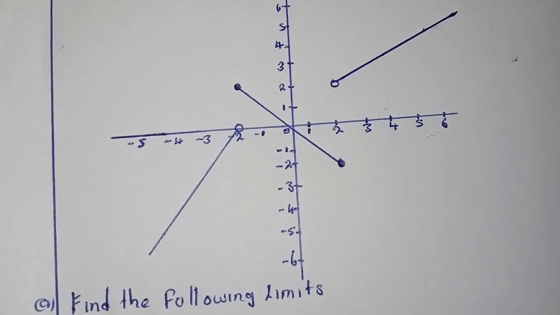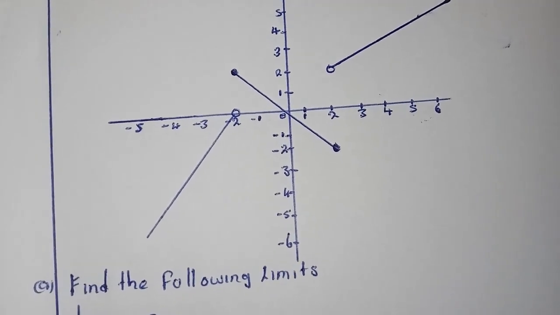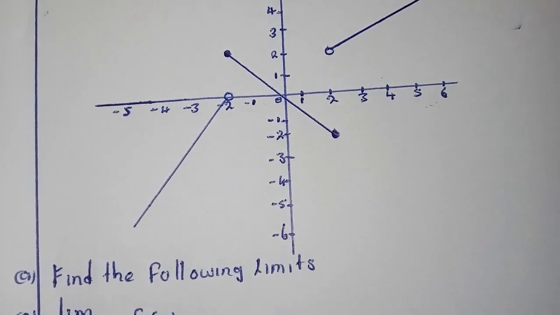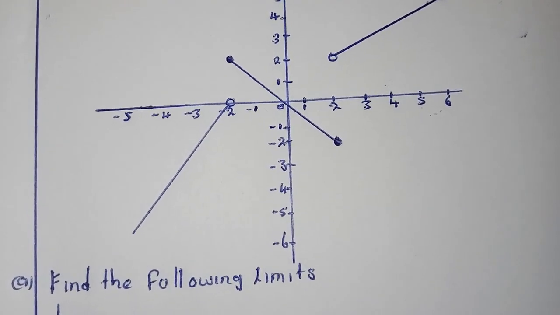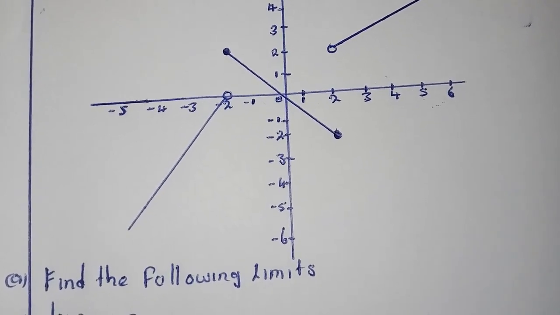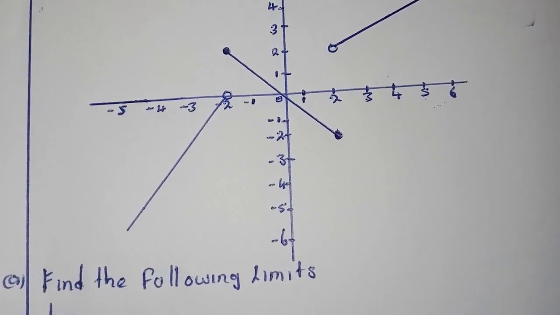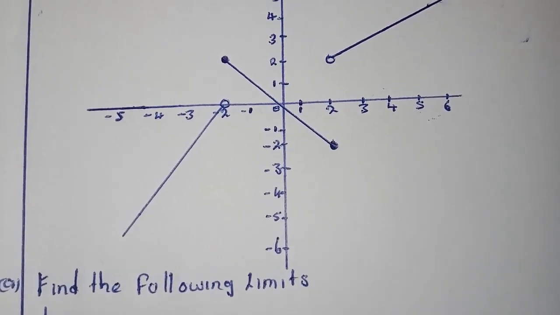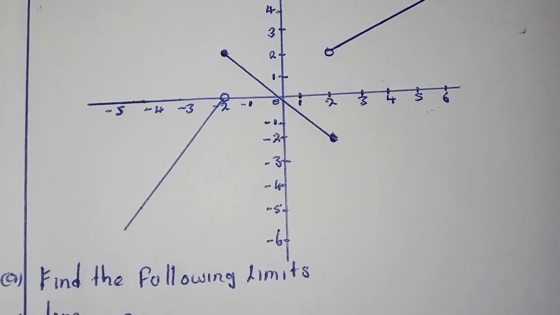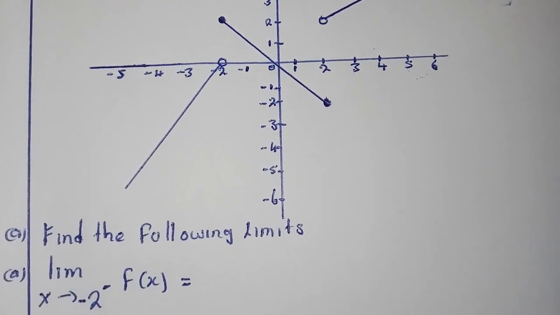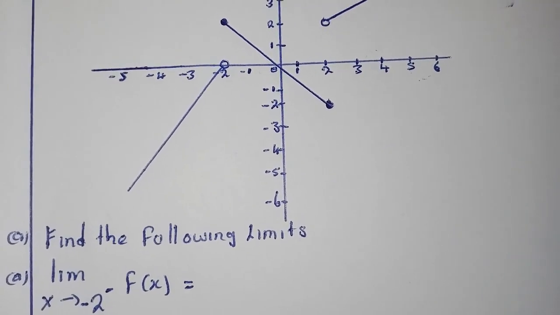Okay, so we know that this is just limits, two-sided limits, and a limit only exists when you approach it from the right-hand side, and also from the left-hand side, and you meet some value that happens to be common between the two figures. Here we have been asked to find the following limits, that is, if they exist.